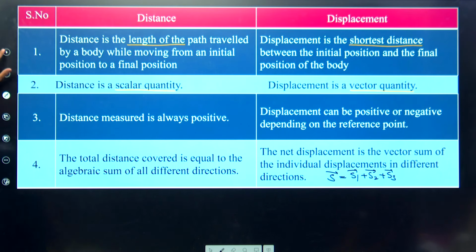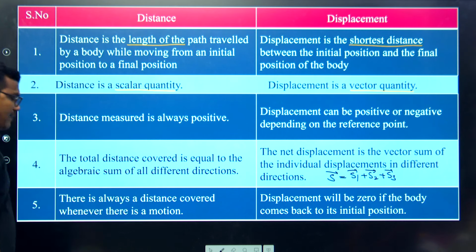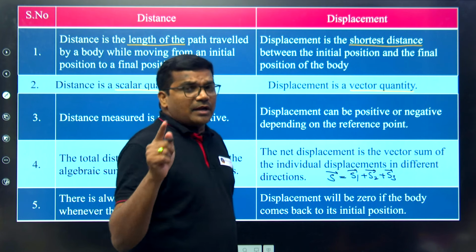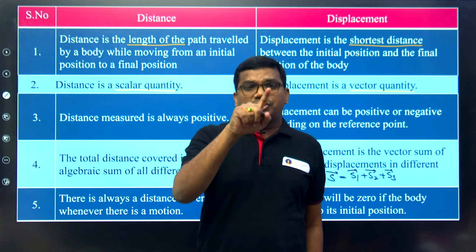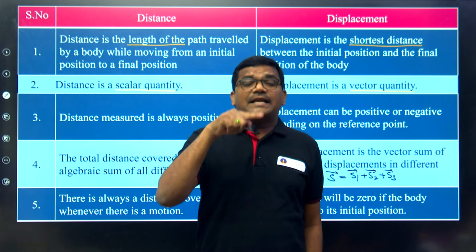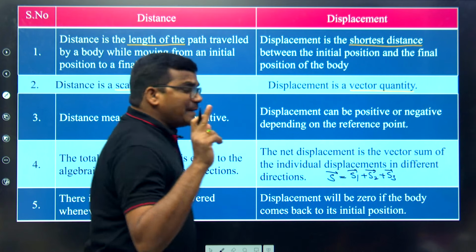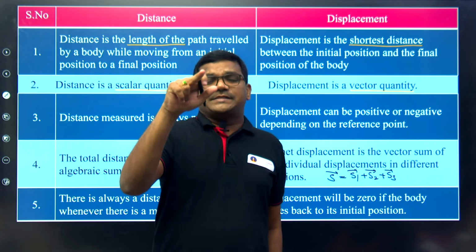Next point, there is always a distance covered whenever there is a motion, even when an electron revolves around the nucleus in a circular path in one complete rotation. What is the distance? Circumference, 2 pi r. But displacement is 0, because initial point and final point are the same.